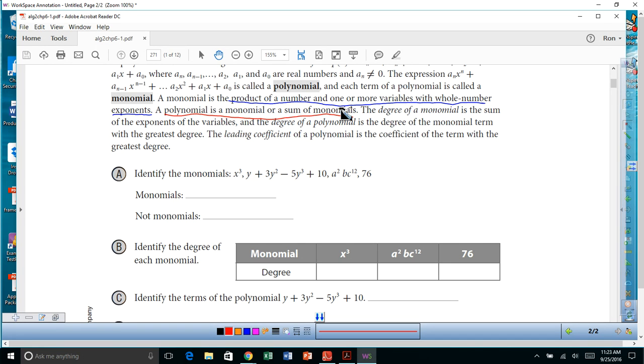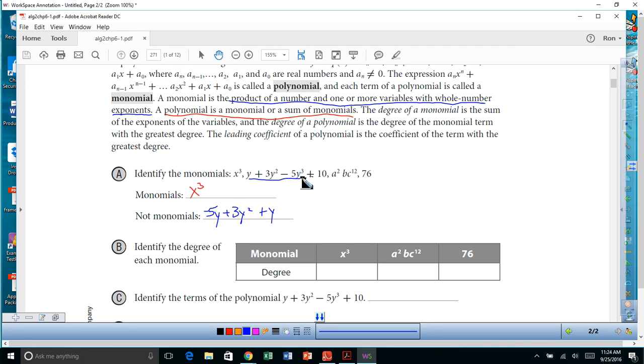All right, so let's take a look at this list. X to the third power is a monomial. Y plus 3y squared minus 5y to the third is not a monomial, that's a polynomial. I'm going to write it in decreasing order: negative 5y to the third plus 3y squared plus y.